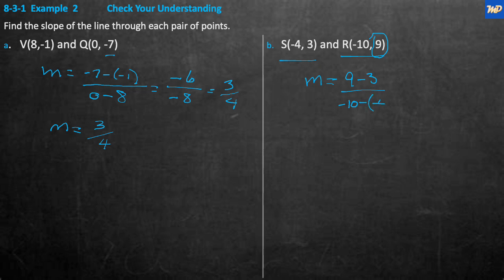Okay? And what does that equal? 9 minus 3 is 6. And minus 10 plus 4, because minus a minus is plus, is minus 6. The answer is minus 1. So m, the slope, is equal to -1.